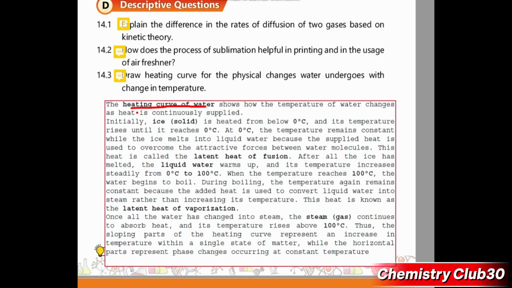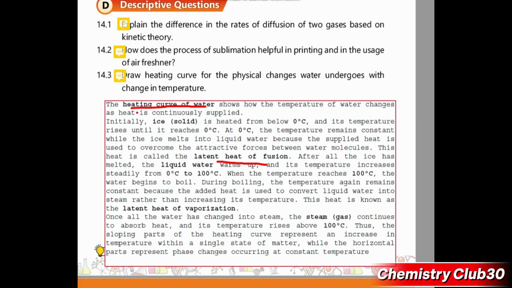Initially, ice is heated from below 0 degrees Celsius and its temperature rises until it reaches 0 degrees Celsius. At 0 degrees Celsius, the temperature remains constant while ice melts into liquid water because the applied heat is used to overcome the attractive forces between water molecules. This heat is called latent heat of fusion.